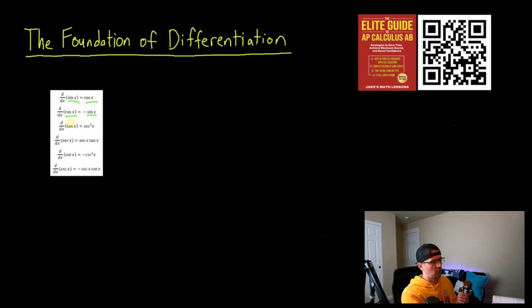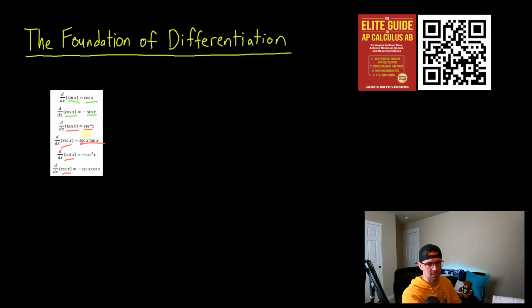For these four, tangent, secant, cotangent, cosecant, first of all, none of their derivatives simply contain a sine or a cosine component. The derivative of all four of these contains only these four components, right? We have a secant, I guess two secant components.